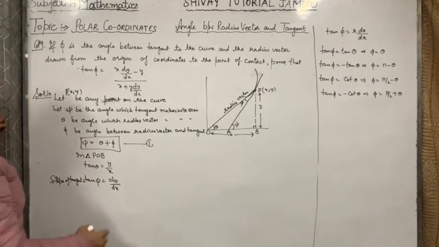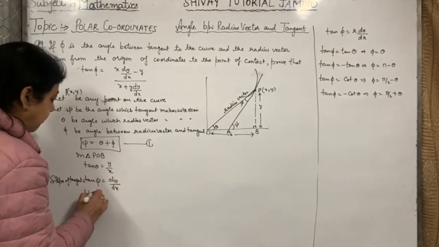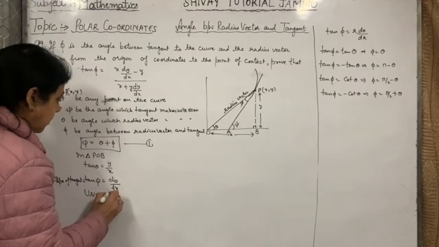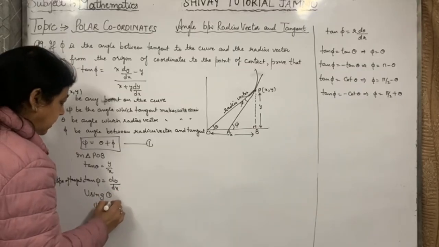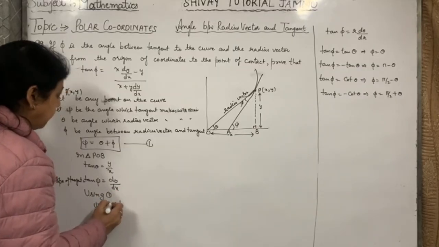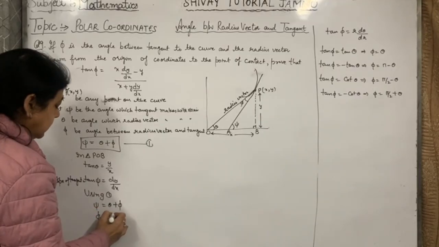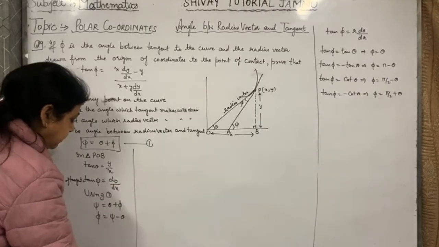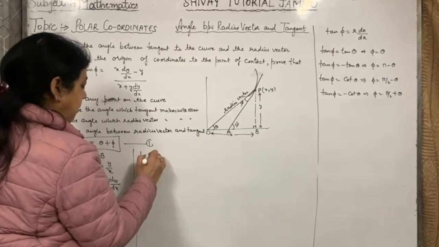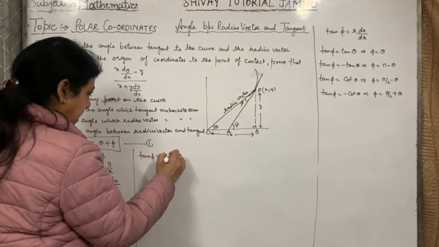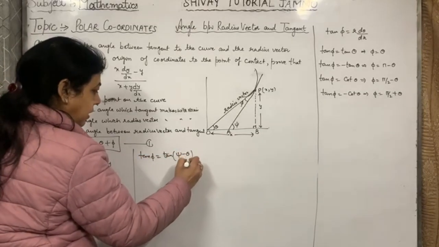Clear? Okay. Using 1, psi is theta plus phi and we have to find phi. What is phi? That is psi minus theta.